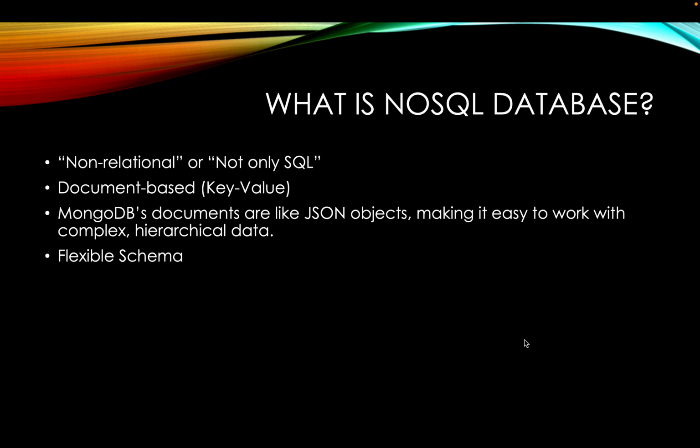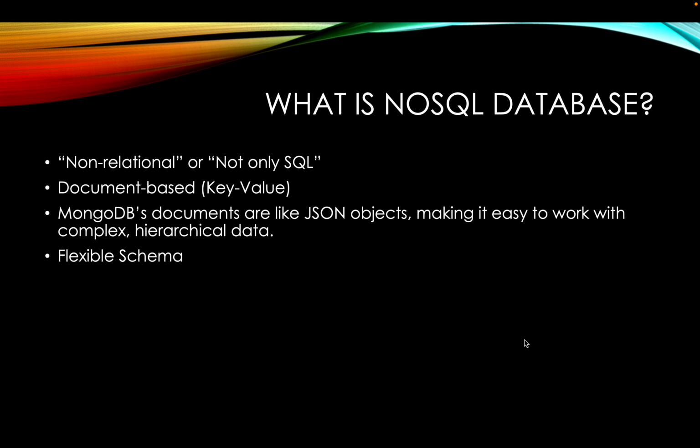There are four kinds of NoSQL, but the one that we always use is document-based. That is the one we use in MongoDB, and one reason that I chose this one for you is that it's like JSON. You can imagine it's like a JSON object.